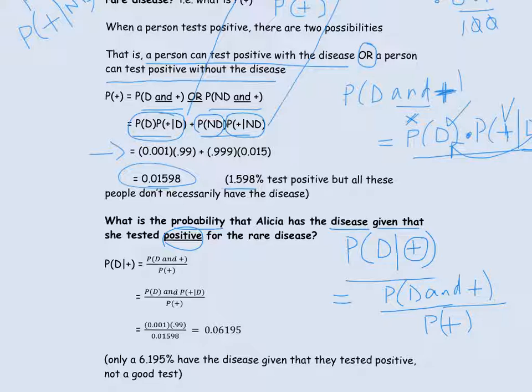So if you understand the pattern of this particular formula, then it's easy to write down the rule quite easily. The AND goes in the numerator. The probability of the AND goes in the numerator. The probability of the positive goes in the denominator. So now just write down your formula. Remember, we've already done this as part of the previous part of the problem.